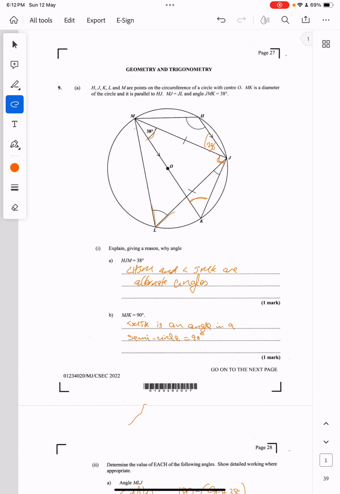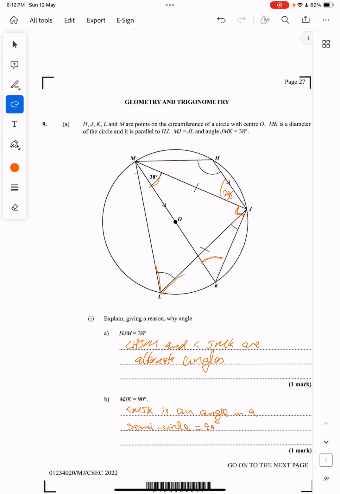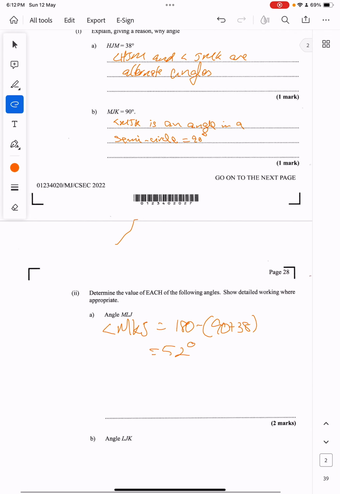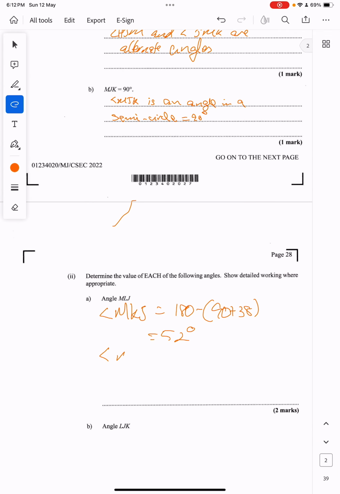Now, if we look at the chord MG, we have the angle at K and the angle at L, both coming from that chord. So therefore, we have angles being subtended by the same chord, so those two angles are going to be equal. So we've got angle MLG is equal to angle MKG, which is 52 degrees.